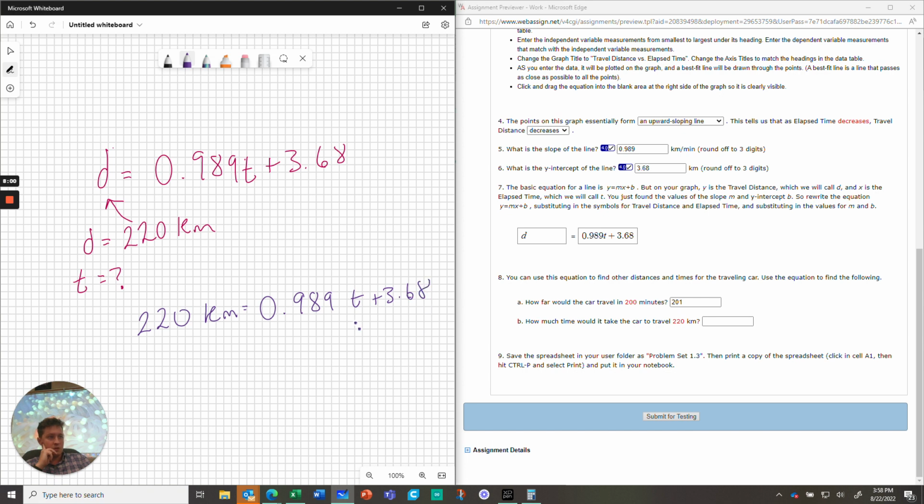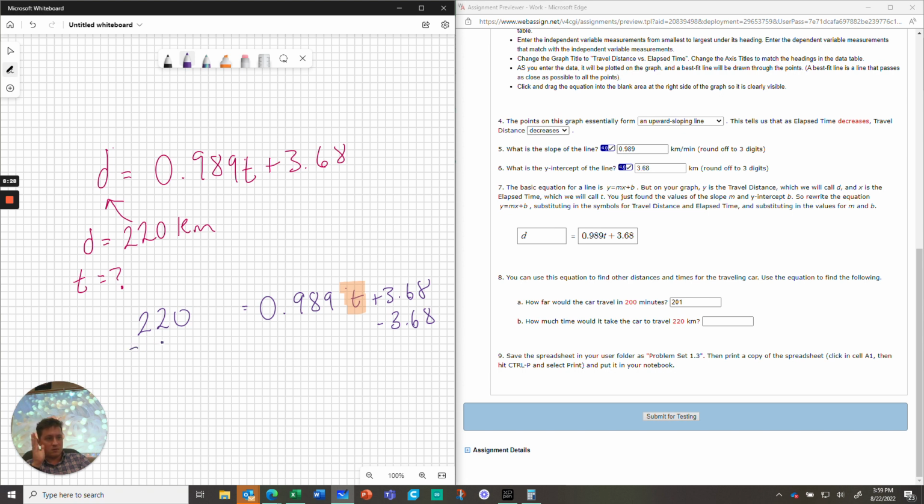So to get t by itself, first we need to get rid of this 3.68. So we'll do the opposite operation. Subtract 3.68 from both sides. And let me get rid of that unit because that's just complicating things. I don't have time to explain why 3.68 is also in kilometers.